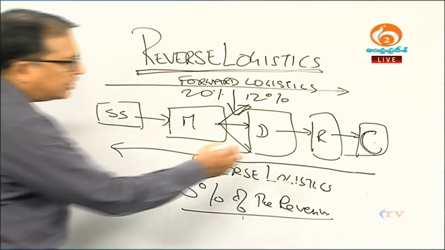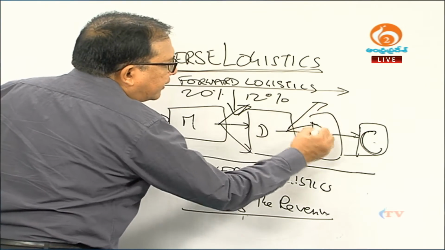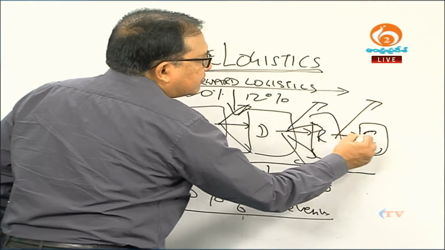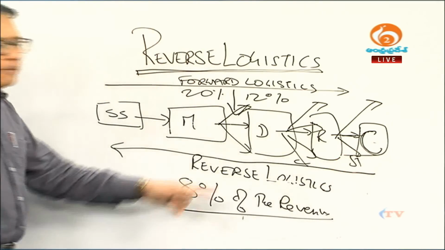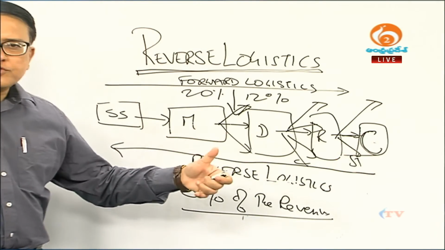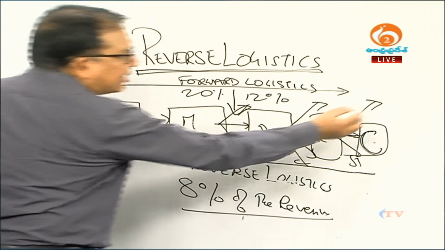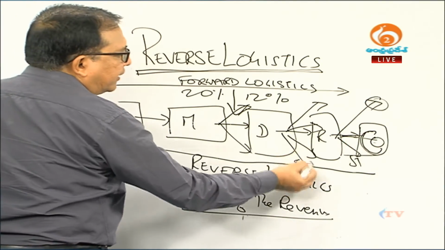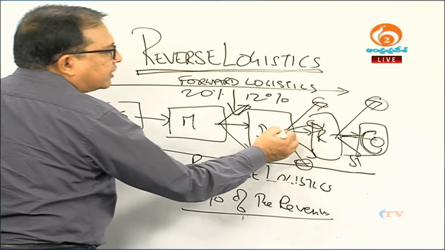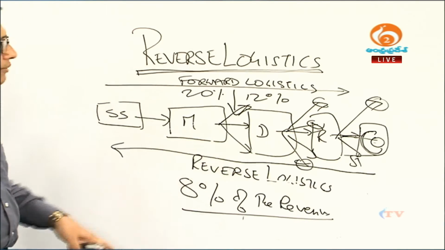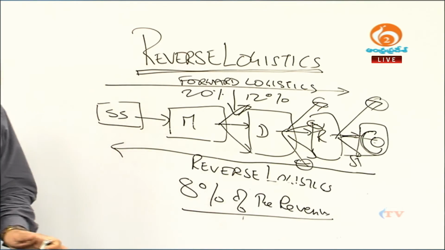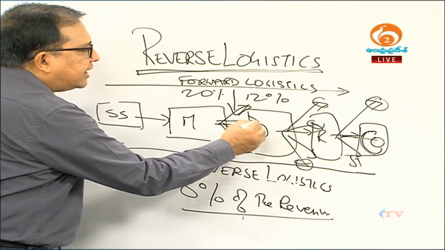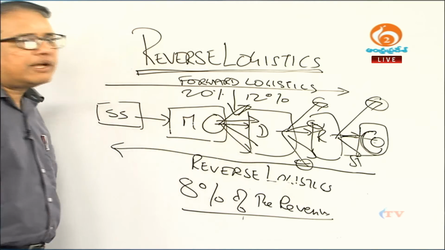One distributor can send the shipment to many retailers and one retailer can send it to many customers. But in the reverse logistics process, many customers would send the shipment back to a retailer. Many retailers would send the shipment back to the distributor that it received the shipment from, and in turn many distributors are involved in sending the shipment back to one particular manufacturer.